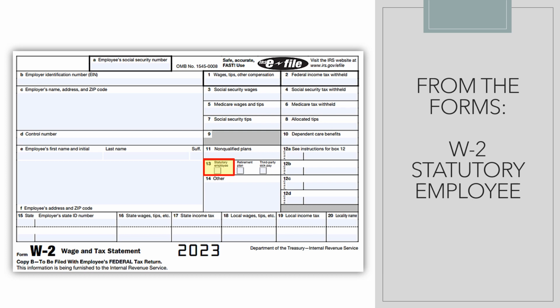But because they are also considered an independent contractor, they may be able to deduct their expenses. This isn't a super common situation, but it's also not an entirely uncommon situation. Individuals that might have this would be people who sell life insurance.